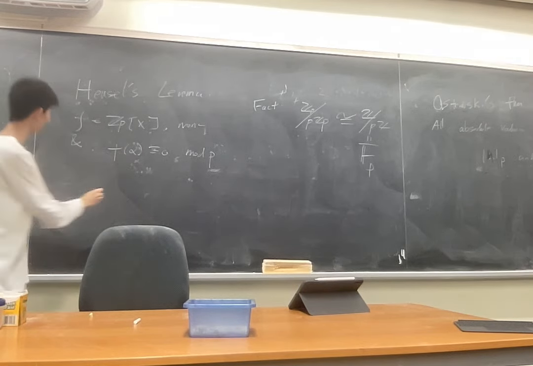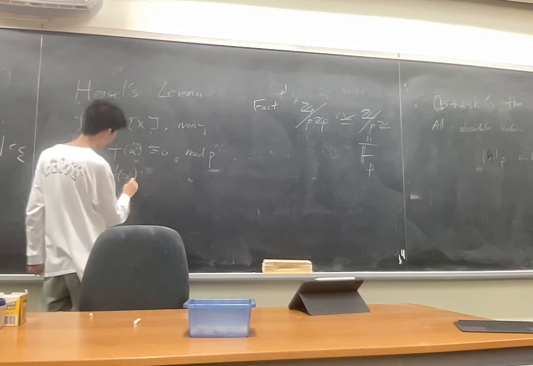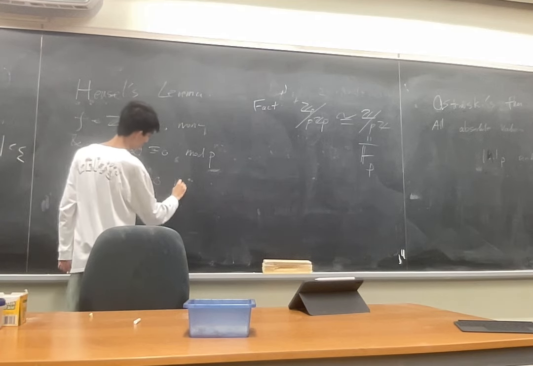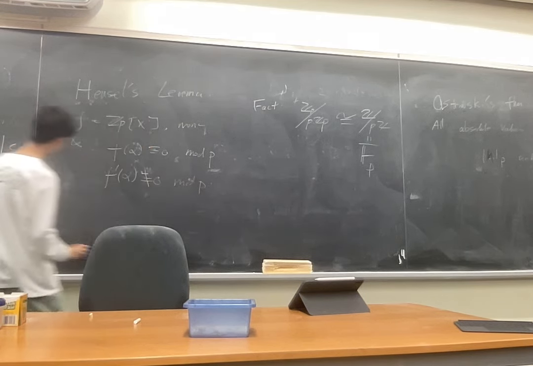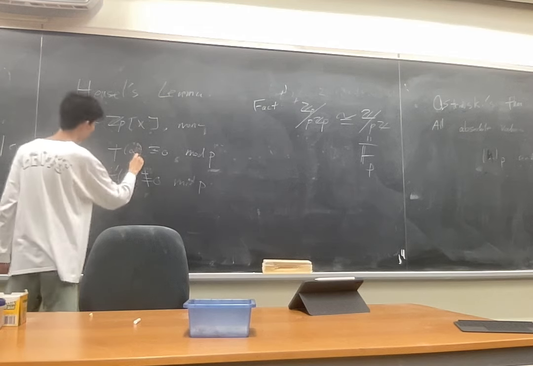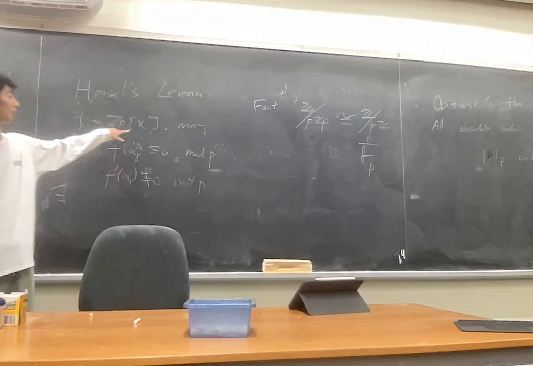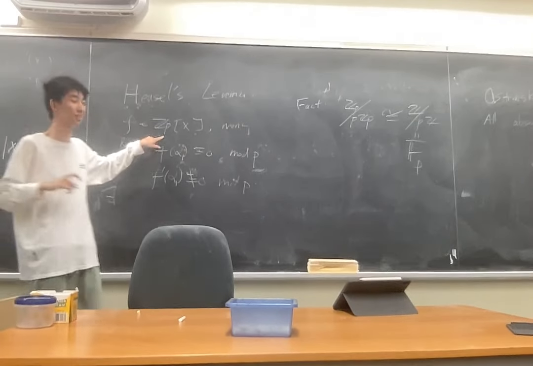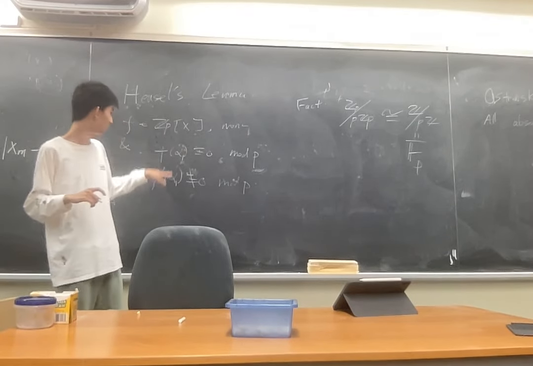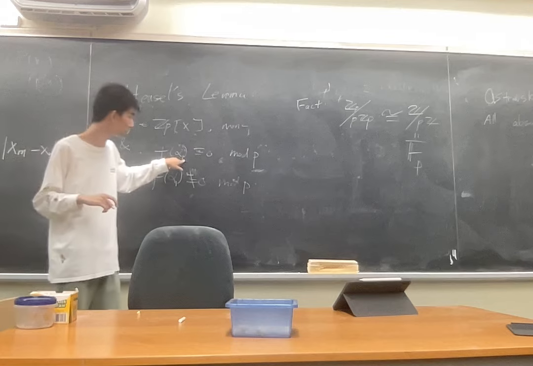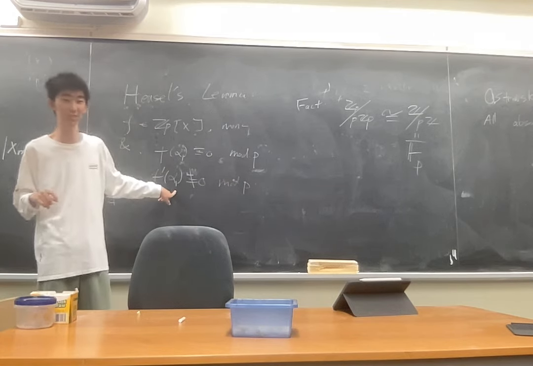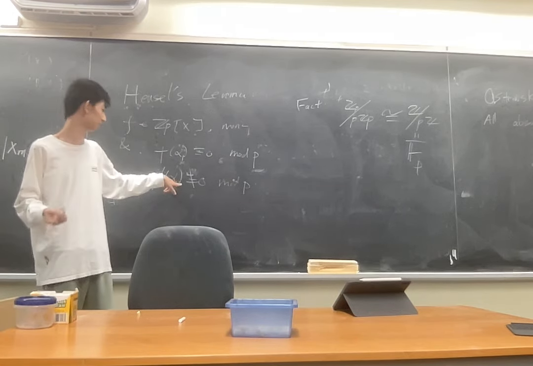So we have this, and we have f prime. If f prime of alpha is non-zero modulo p, then there's a unique alpha, let's call it alpha 1. So suppose we have a polynomial with coefficients in the p-adic integers, and there's a root modulo p, and that root is a simple root, meaning the derivative is not zero.